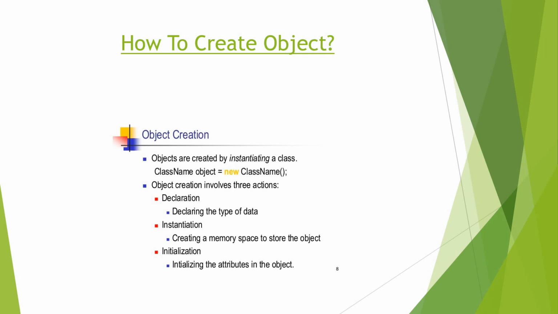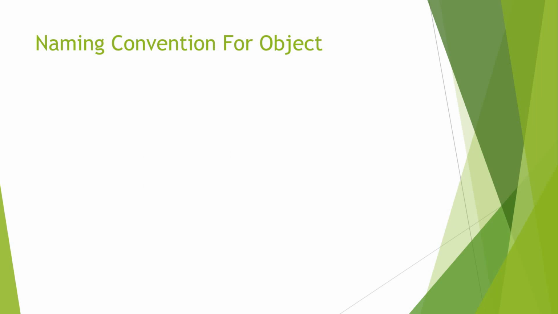Object creation involves three actions: declaration, declaring the type of data; instantiation, creating a memory space to store the object; and initialization, initializing the attributes in the object.